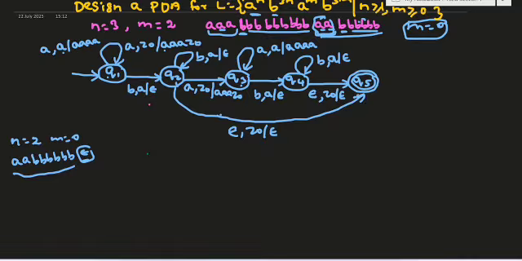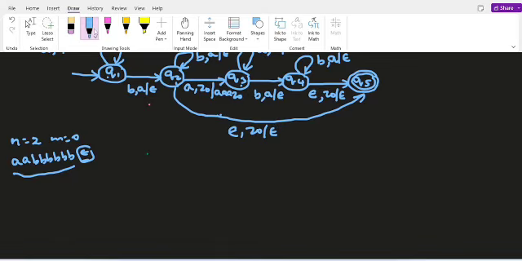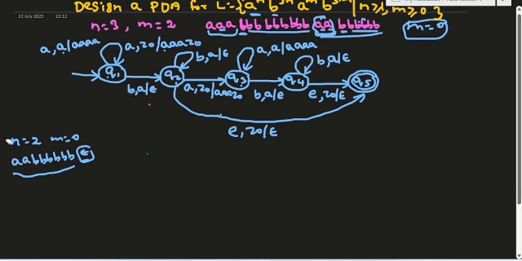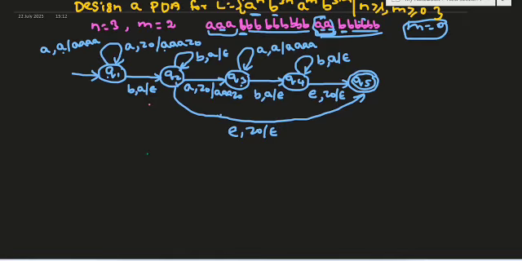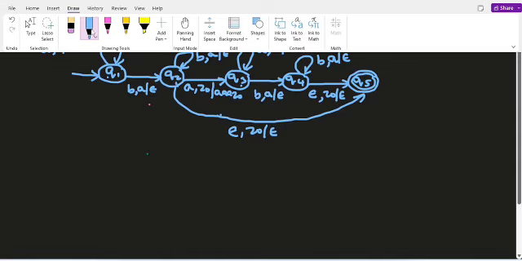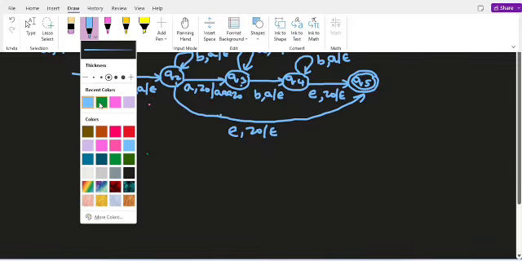Now we will parse a string for this. How to parse a string for this? We will simulate this for a to the power of 1, and I will just use some other colors here.